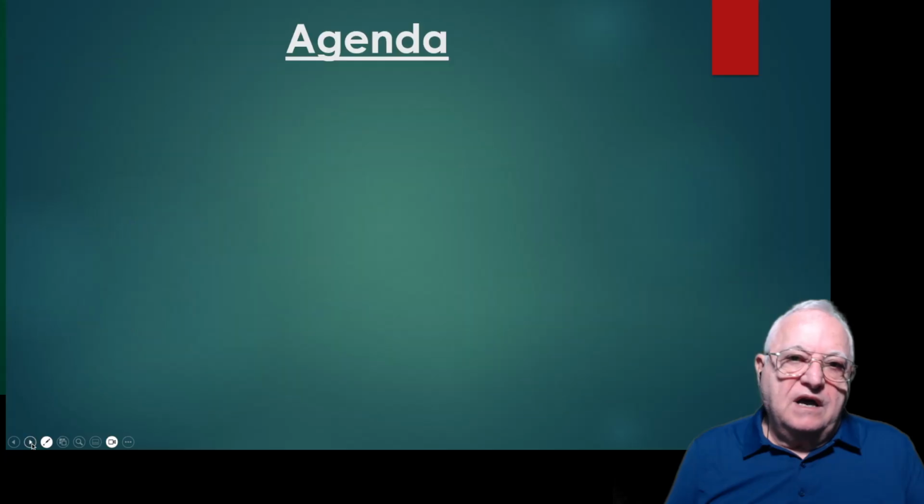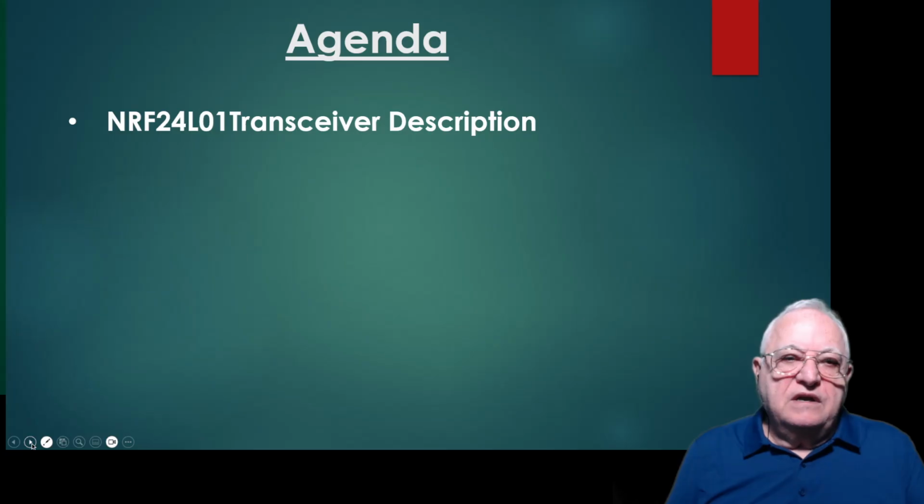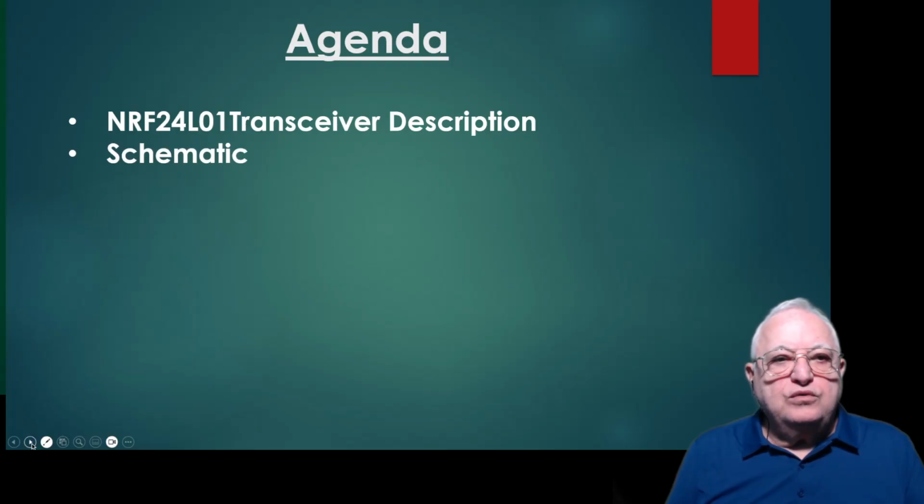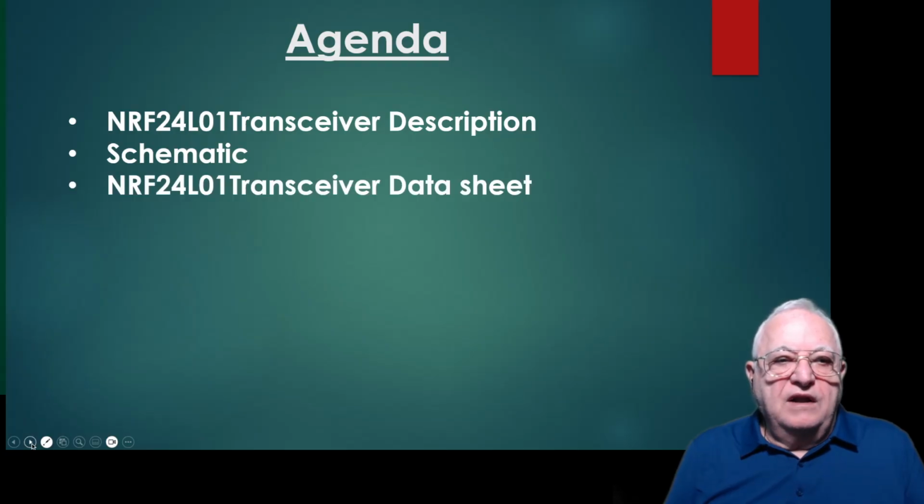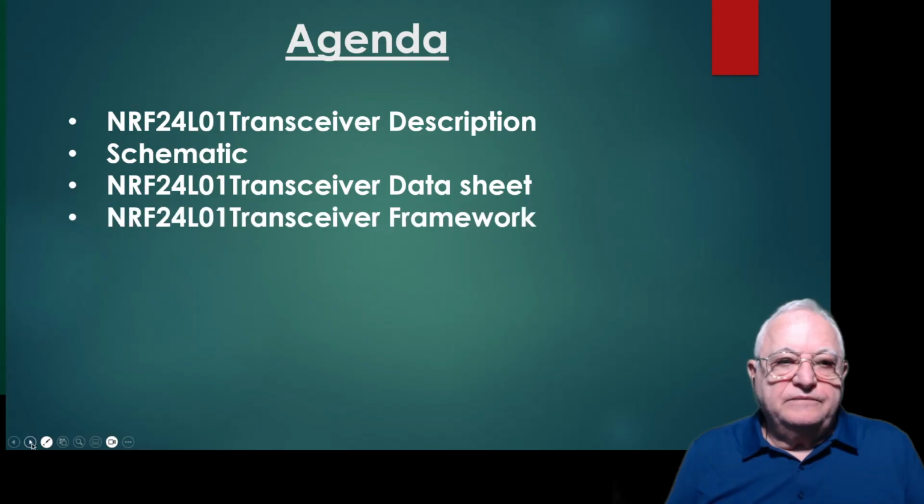So let's look at the agenda. What I'm going to be doing today is, first I'm going to give you descriptions of the transceiver. Next we go to schematics to show how to hook it up. We'll follow by looking at the NRF24L01 data sheet. Next, we'll create the framework based on that data sheet.